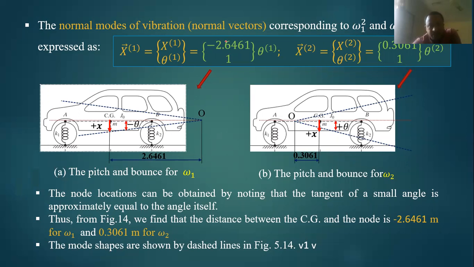Look, this minus 2.6461 implies how far it is from the equilibrium or from the CG position.